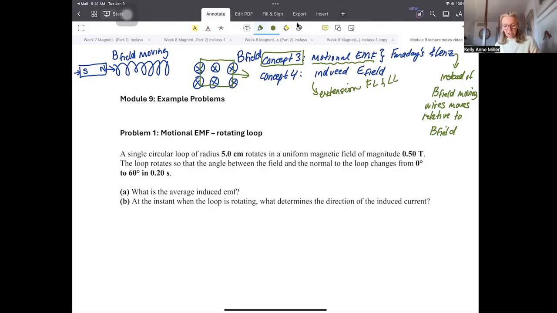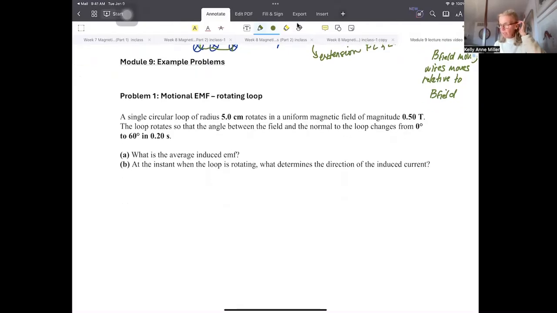So let's look at this first. The first couple of examples are just building on this idea of motional EMF. In this example, you've got a loop and it's rotating in a uniform magnetic field.